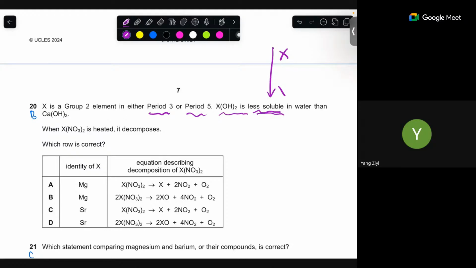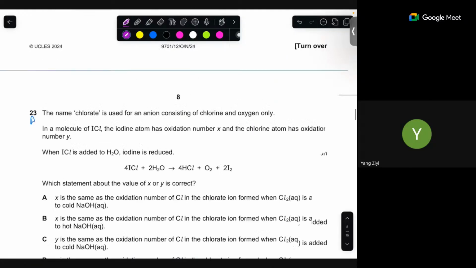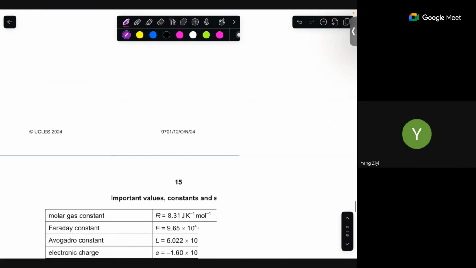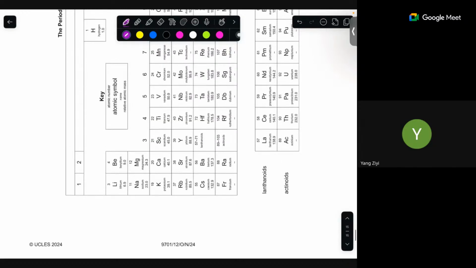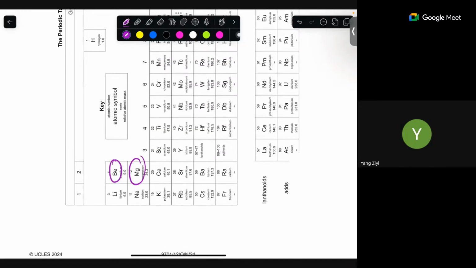X is less soluble compared to calcium hydroxide, so it must be before calcium. Let's look at what can come before calcium. Either these two, beryllium and magnesium.